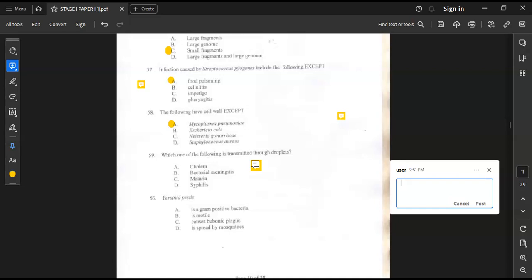Yeah, so it's bacterial meningitis because of the organisms that cause it, Strep pneumoniae and Haemophilus influenzae. Those are organisms that are transmitted through droplets.